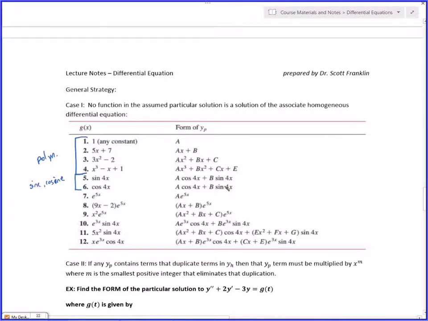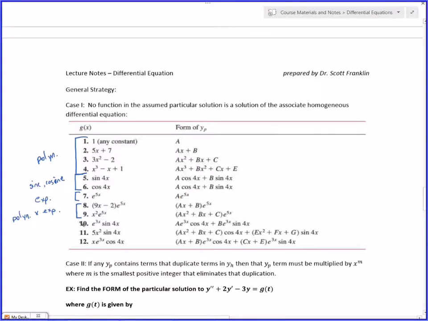If you have a simple exponential, e to the 5x, use a constant times e to the 5x. If you have a polynomial times an exponential, then use a polynomial of that degree times that same exponential.